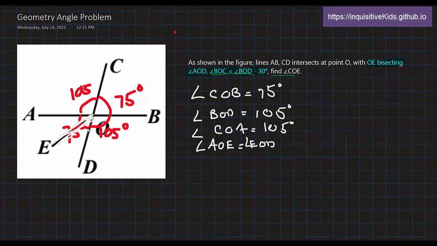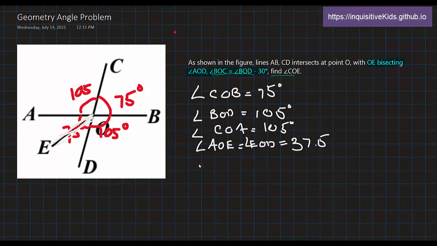So exactly 1/2 of the larger angle. So that is equal to 1/2 of 75 degrees. So 75 divided by 2, that is 37.5 degrees.